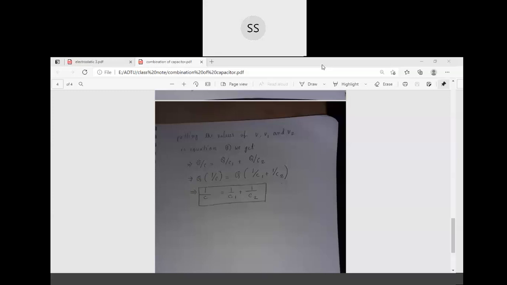Calculate the equivalent capacitance. I want answers from each and every student present in the class.